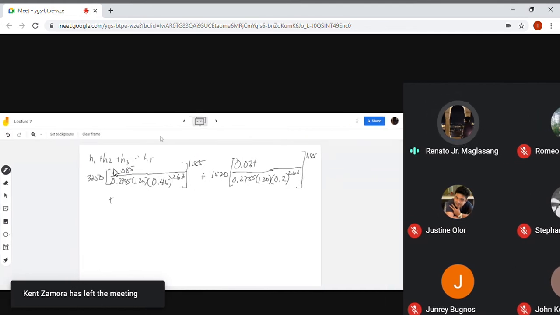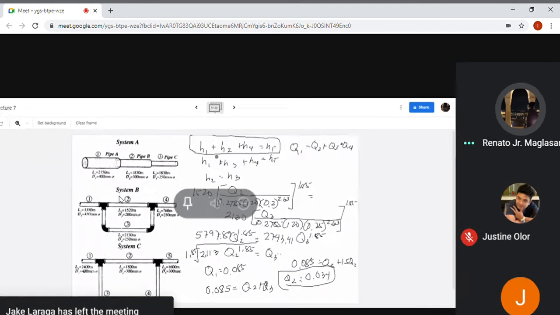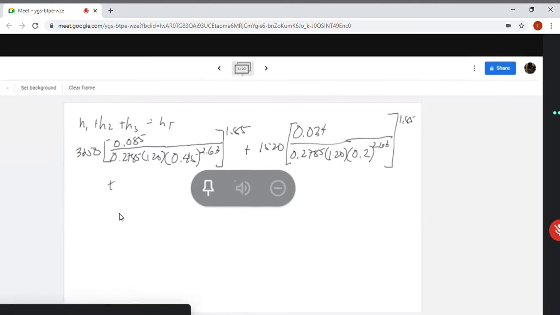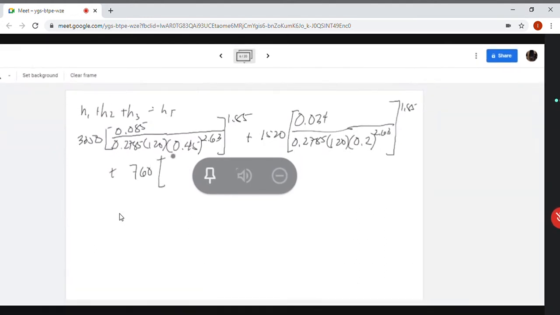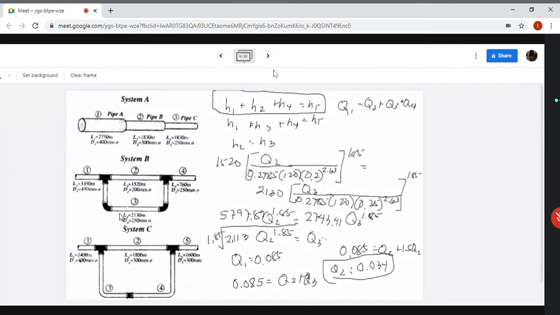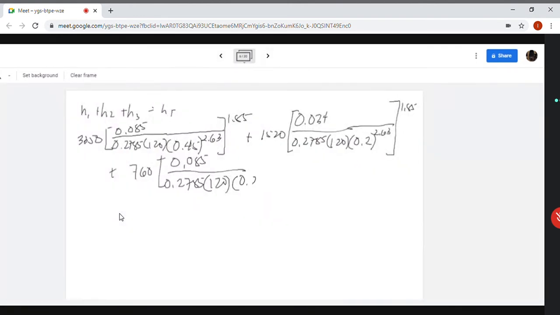Then plus, lastly, 760 times 0.085 over 0.2785 times C times D of 250 to the 2.63, to the 1.85.